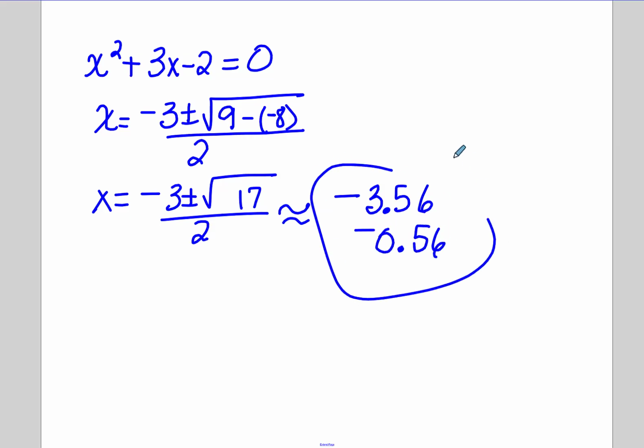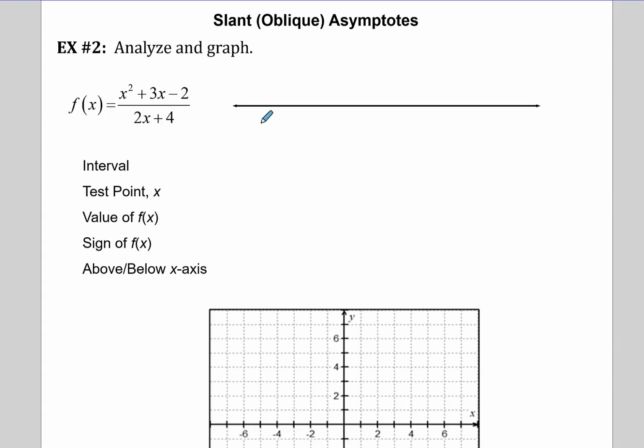So we need these two, which is a little more complicated. Negative 3.56 was one of our zeros, and positive 1/2 was the other zero.